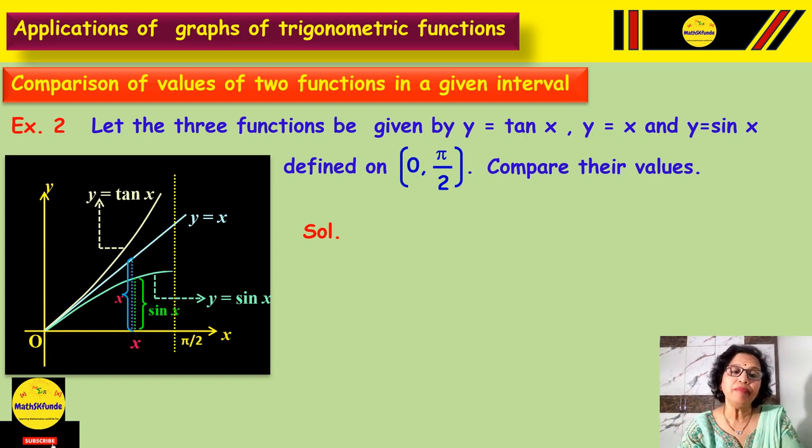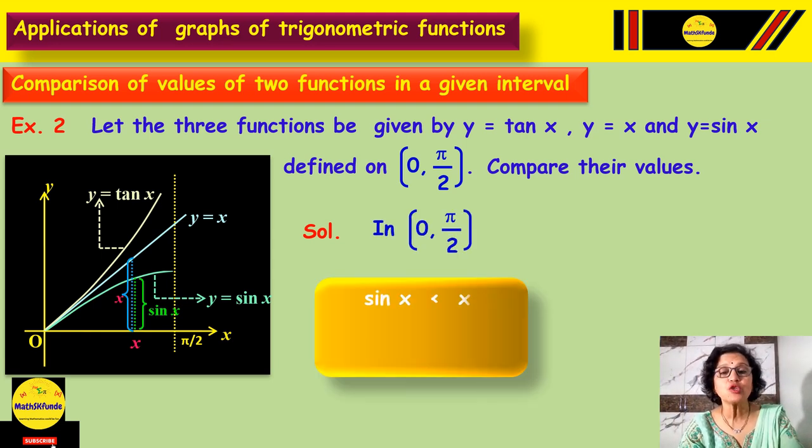Then the blue dotted line shows that the length is going to be x. So which is bigger? x is bigger than sin x. So in 0 to pi by 2, my first observation is sin x is less than x. I am doing this taking only two functions at a time, because we have just done comparing two functions at a time. So I have compared y equal to sin x and y equal to x.